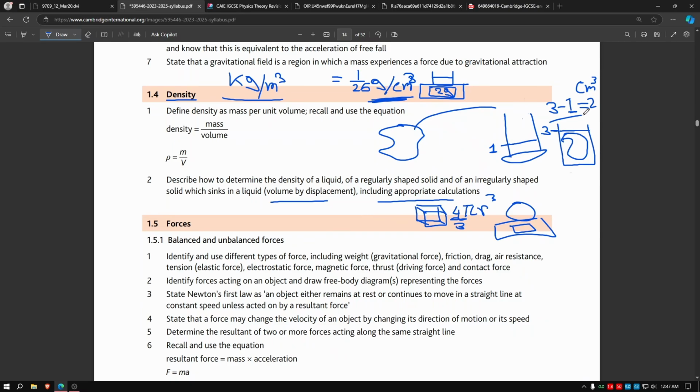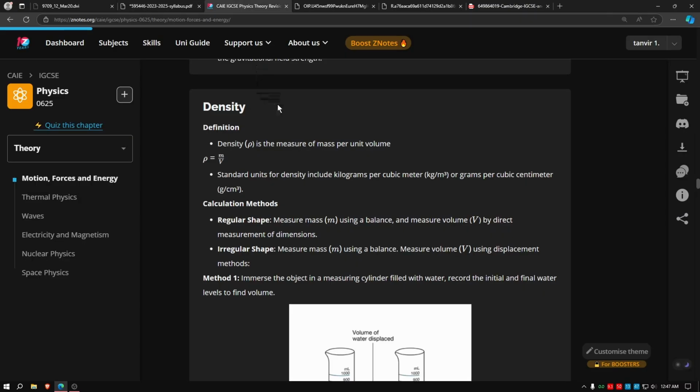Once you find the volume, again take a digital balance, measure the rock's mass, let's just say 1 kg, and plug it in the formula. Boom, done. This is the type of question you will be getting, not much harder than this.